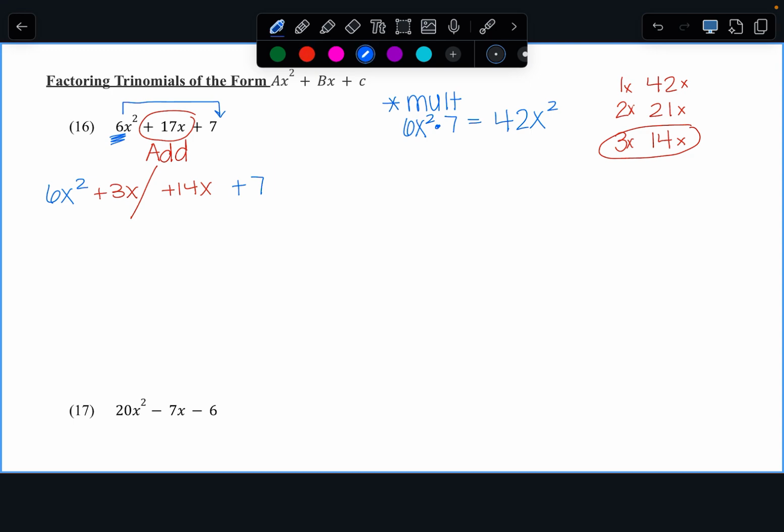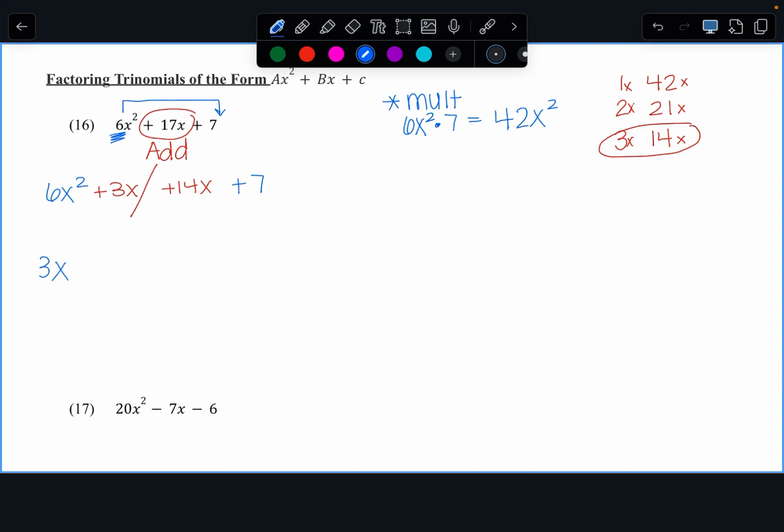What do the first two have in common? They have an x. And what number goes into 6 and 3? 3. So if I divide by 3x, we get 2x plus 1. All right, cool. What about this right-hand side? They have a positive 7 in common.